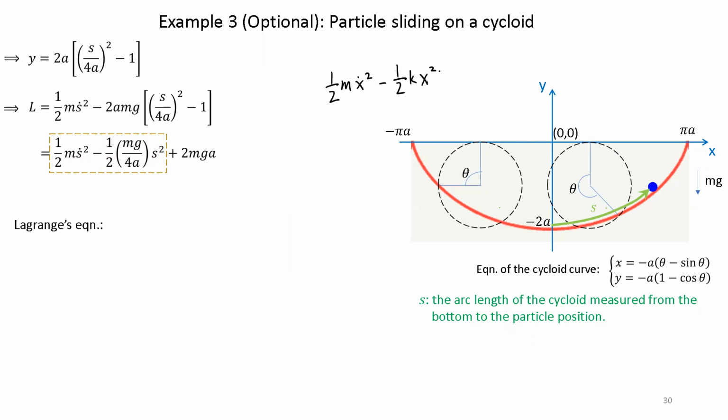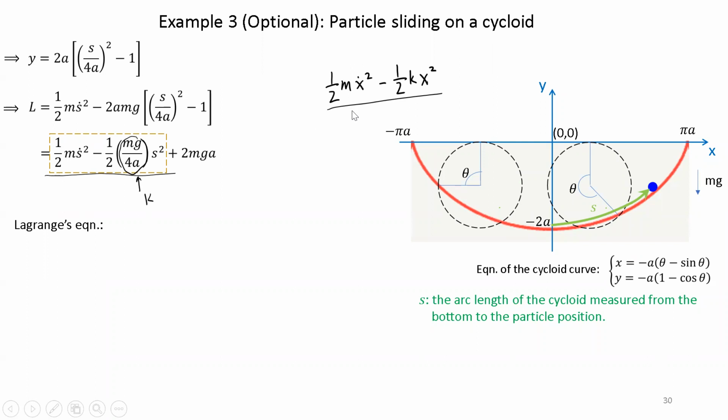Now compare this form and this form. This whole thing, you can call this K, is the exact same form as this harmonic oscillator.